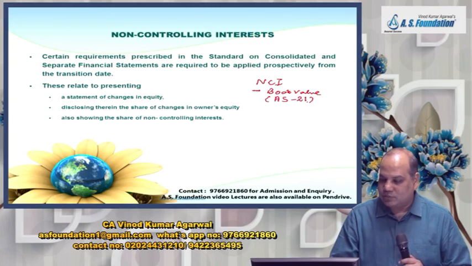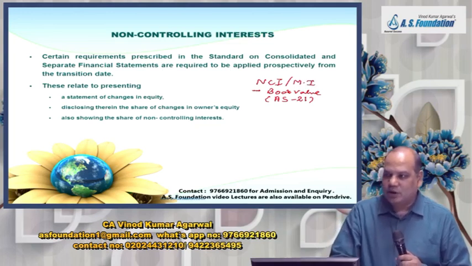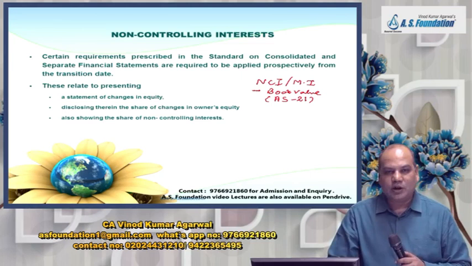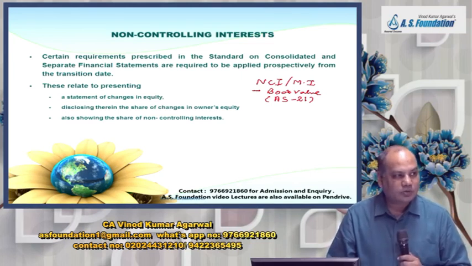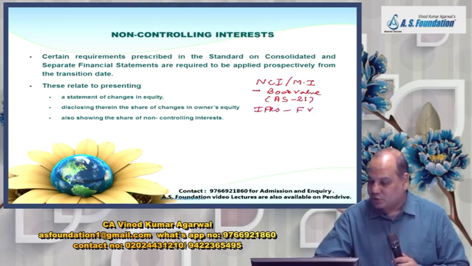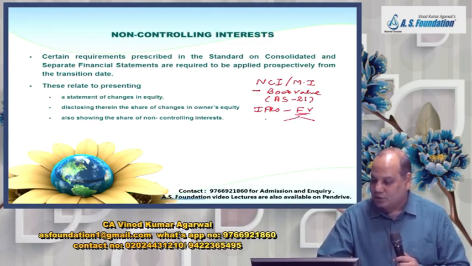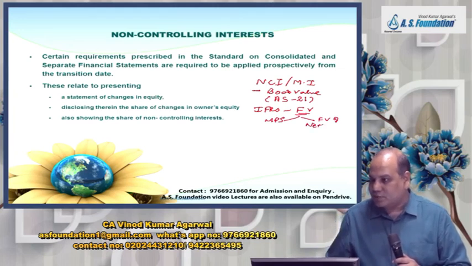The calculation of non-controlling interest, which is also called minority interest, MI, is based on net assets as per book value. But what does IFRS say? IFRS says NCI will be based on fair value, either fair value based on the market price of the share or fair value of net assets. But in both cases it is fair value.